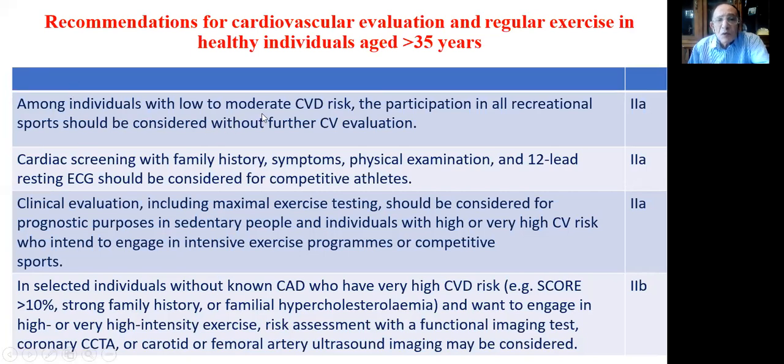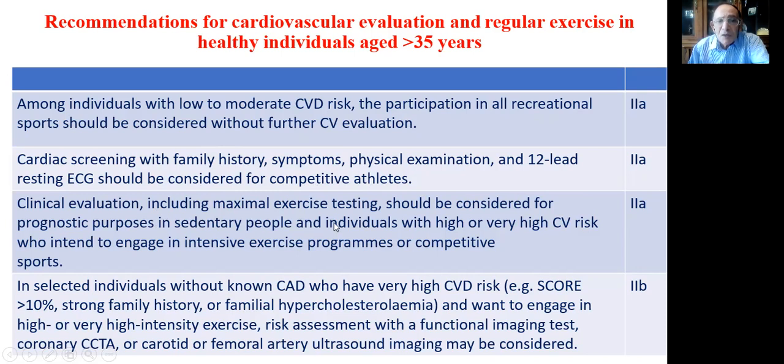Among individuals with low to moderate cardiovascular disease risk, participation is allowed, class 2A. Cardiac screening with family history, symptoms, physical examination, and the 12 lead resting ECG should be considered for competitive athletes. Class 2A: to screen the person, to ask him about his family history and to examine.